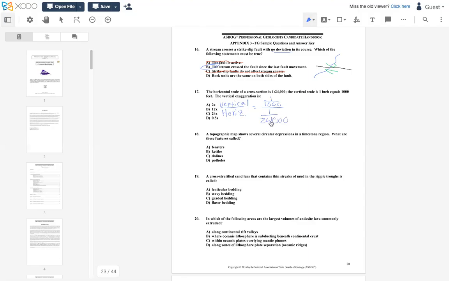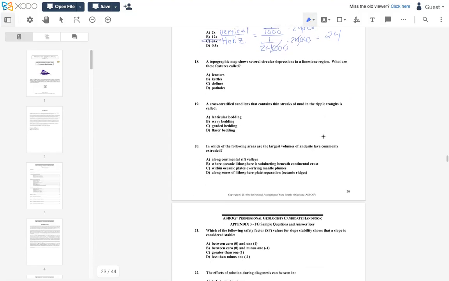We want to get rid of these fractions, so we're going to multiply the top and bottom by 24,000. Not doing anything fancy or illegal here. This cancels, and we multiply this fraction, we get 24,000 divided by 1,000, which gives us 24. So we know that our exaggeration is 24 times, and that is option C.